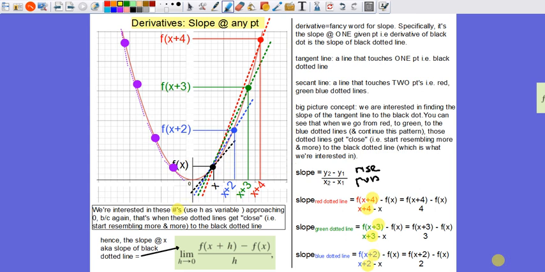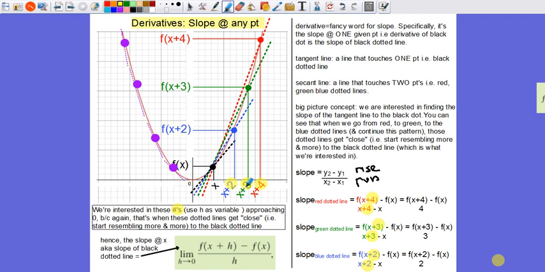We want this to approach 0 so that we can get closer and closer to this black dotted line.